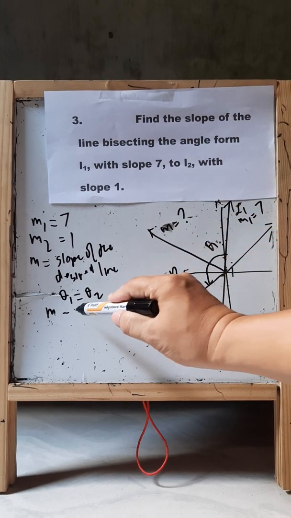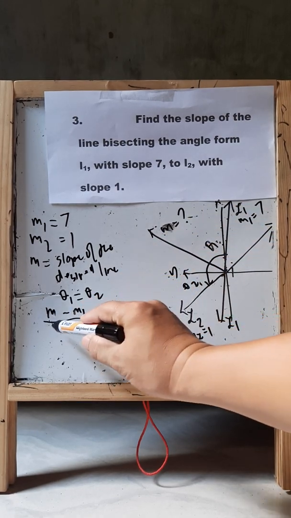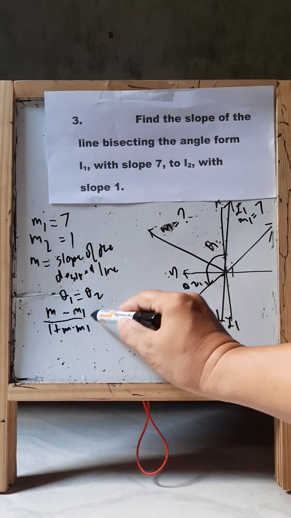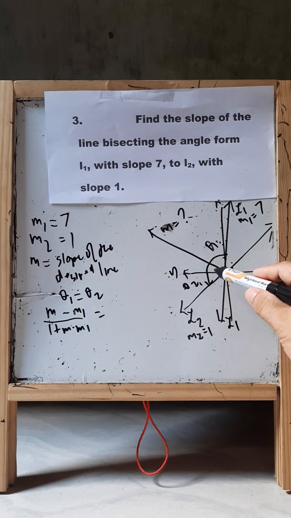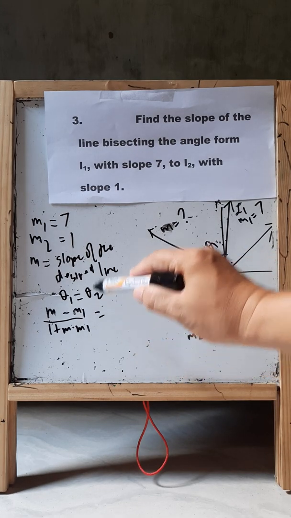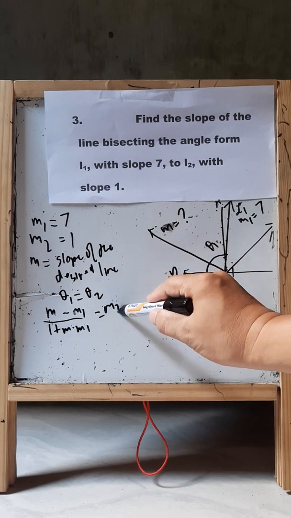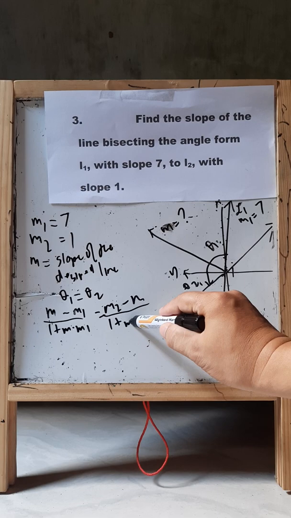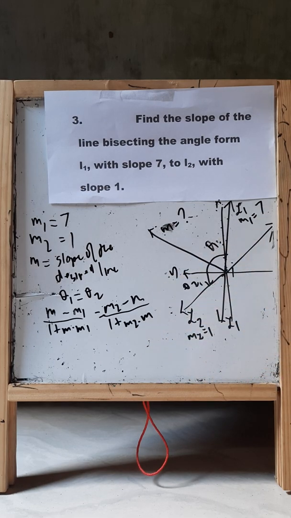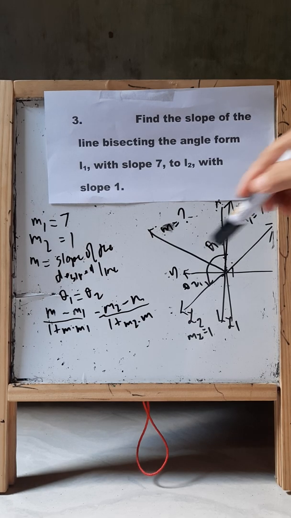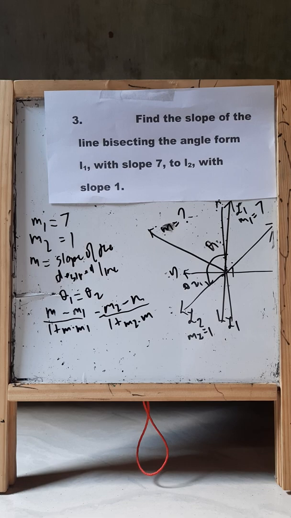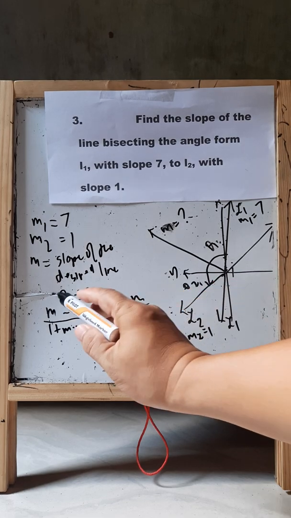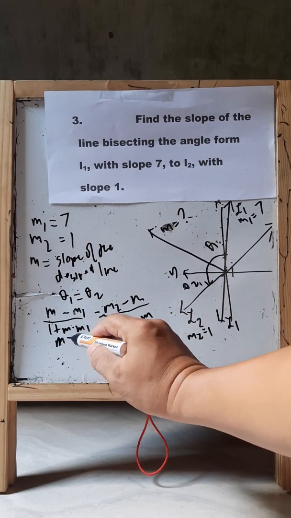So M minus M sub 1 over 1 plus M times M sub 1. For theta 2, line 2 is M sub 2: M sub 2 minus M over 1 plus M sub 2 times M. So this will be our equation to solve for the slope of the angle bisector. Let's start. Just substitute. M is unknown.